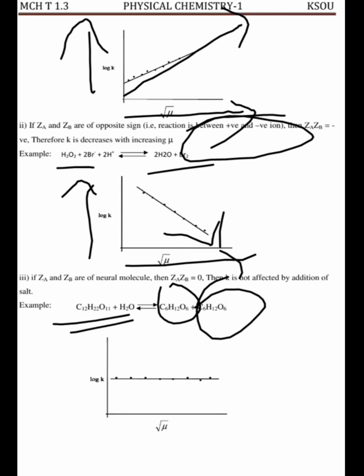So Za and Zb will be 0, so it will be constant. The rate constant K will not be affected by the salting effect, that is, by the ionic effect. The rate of reaction will not increase as the ionic strength of the solution is increased. The rate of reaction will be constant.